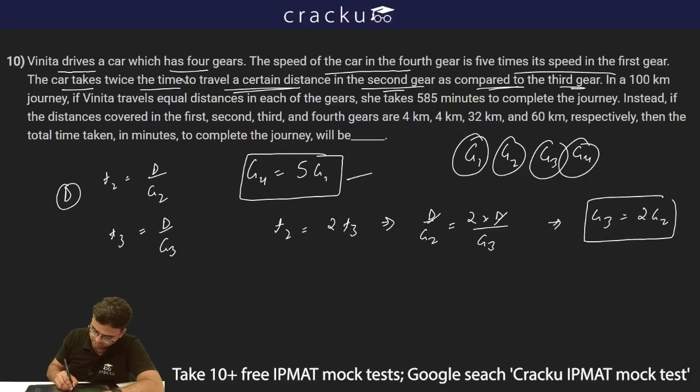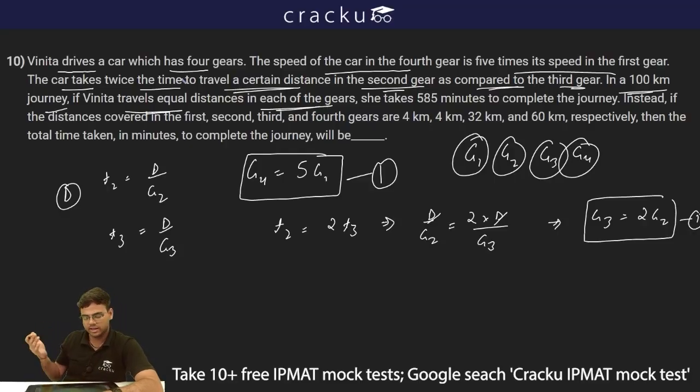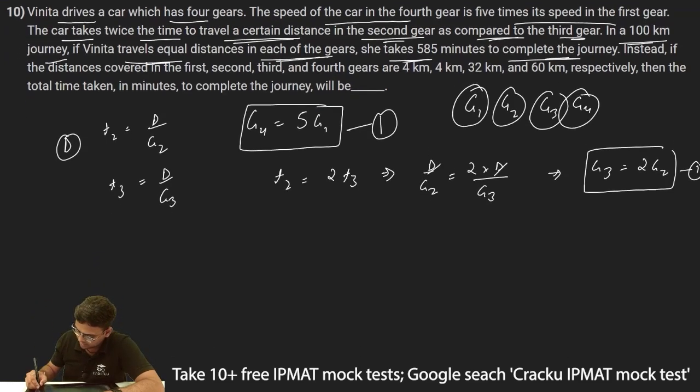So we have these two equations: G4 is equal to 5G1 and G3 is equal to 2G2. Now further, given that in a 100-kilometer journey, if Vinitha travels equal distances in each of the gears, so she is traveling 25 kilometers in each gear, she takes 585 minutes to complete the journey.